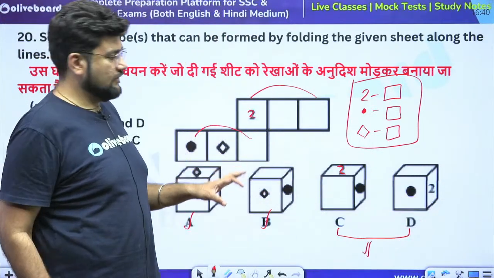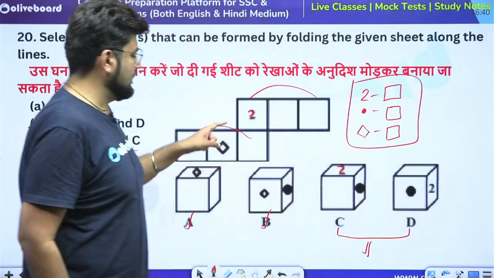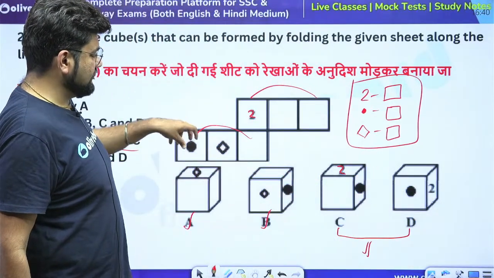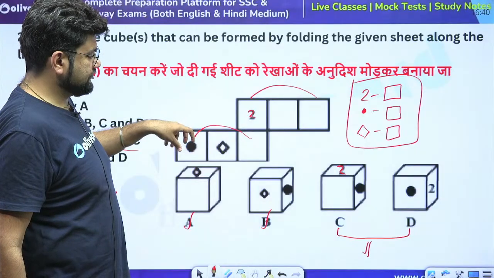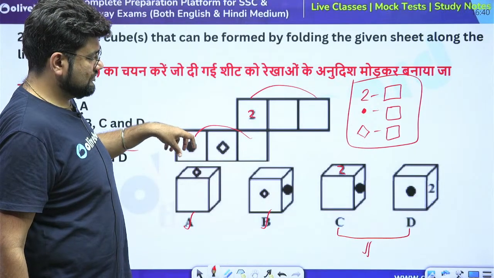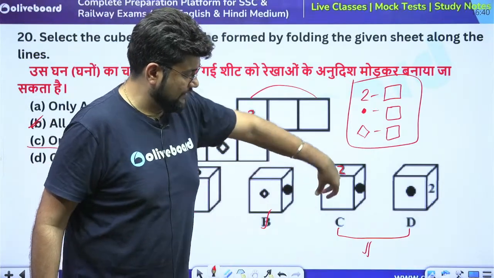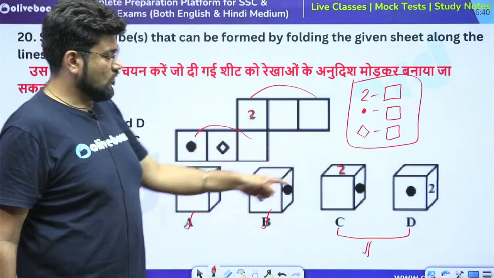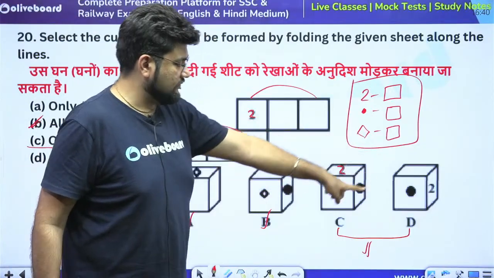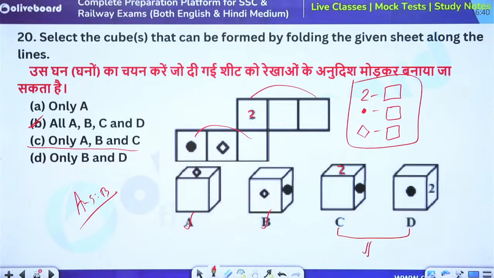But if you observe the orientation of 2 here, we can still form that also. If we keep 2 on the side, we can still have this dot in the front, can't we? With this orientation, we can have this dot in the front and then keep 2 on the side. So the dot will be on the front, 2 will be on the side, and the blank face will be on the top. These both are similar orientations only. So we will consider that. Okay. Cool.